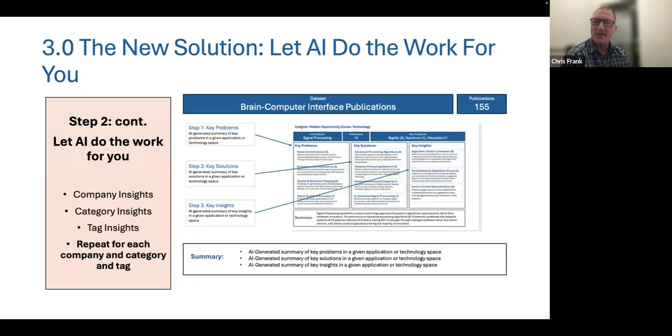What else is AI good at? That's a repetitive step, but still involves some sort of intelligence, and that is summarizing data. So the fact that I have everything categorized and tagged now allows me to feed into the AI just that category or just that tag. So AI then can take that category and that tag and come up with insights that are specific there.